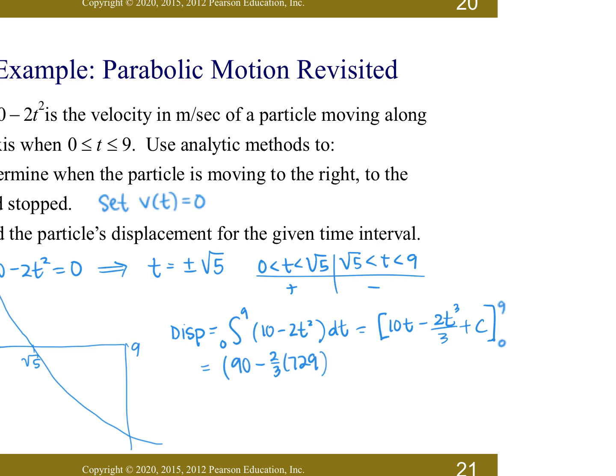720. Did I do that right? 81 times, yeah, okay. Yeah. Okay, plus c minus 0 plus c. It's gonna be a big negative number. 83, so 90 minus 166, so negative 76.